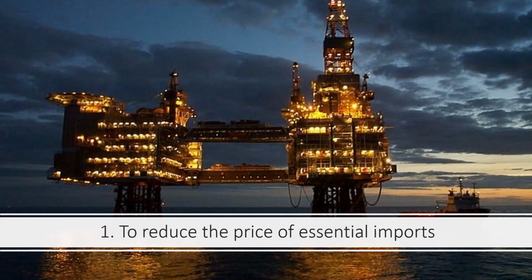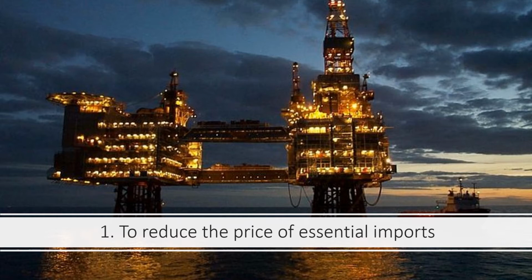Well, as you know, a strong currency reduces the price of imports. So that could be one reason. You deliberately set out to run a managed exchange rate that's above the free market floating exchange rate, because the stronger your currency is, the lower the price of the goods that you import.